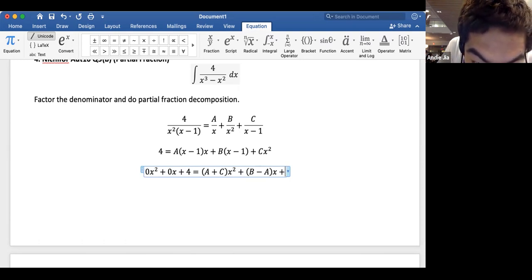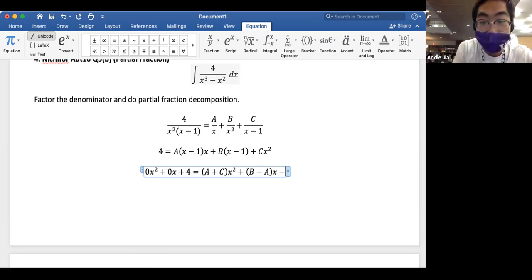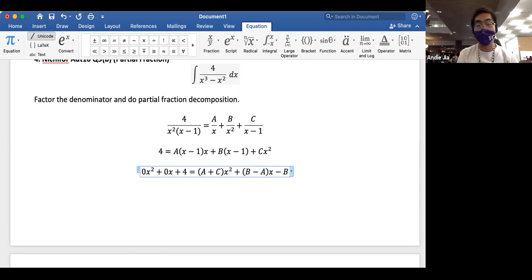Wait, it should be minus b. Then solve this system of linear equations to find a, b, and c, then do the integration. So b is -4, a is also -4, and c is 4.